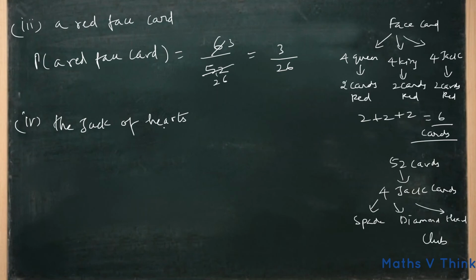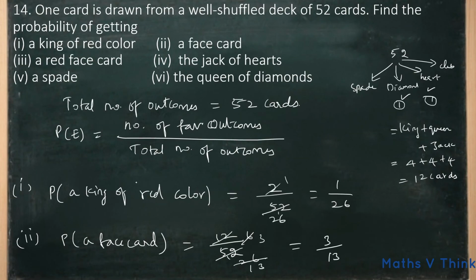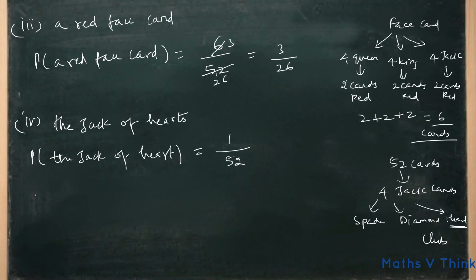We need to find the jack of hearts. So only one card is the jack of hearts. So the probability of the jack of hearts is equal to 1, the favorable outcome, divided by the total number of outcomes, 52. So 1 by 52.